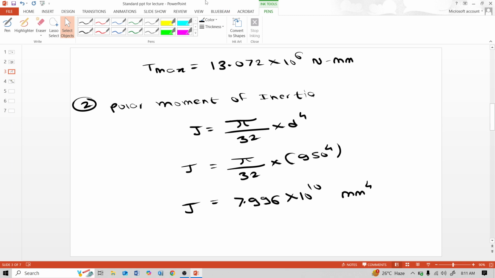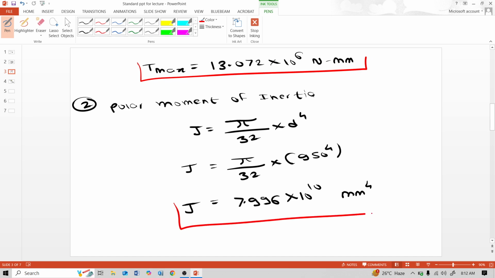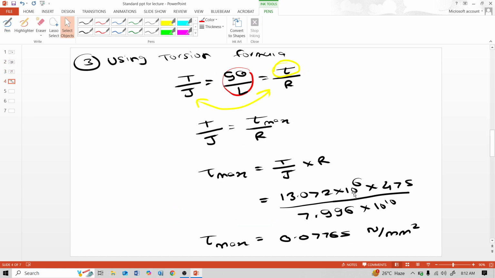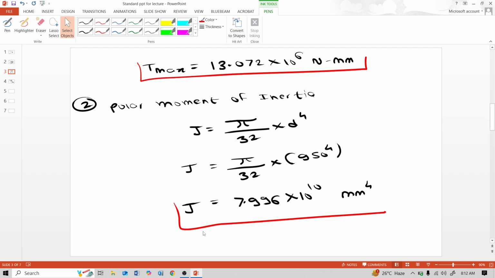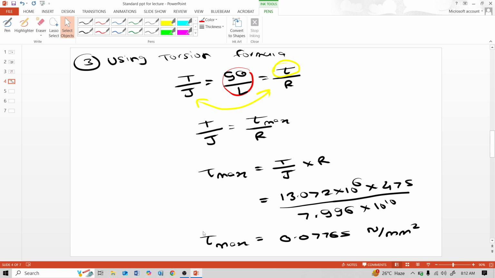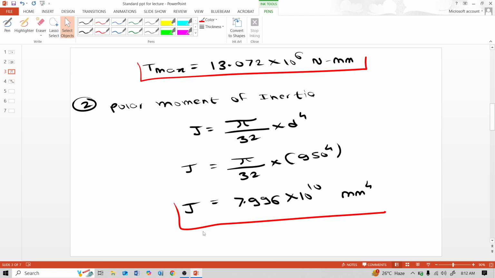Both T max and J are required in the torsion formula, and T max is 13.072. That's why we initially calculated the maximum torque using the power formula, and the polar moment of inertia using its formula.